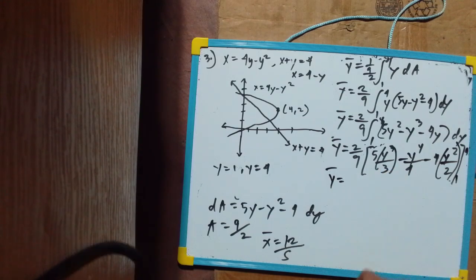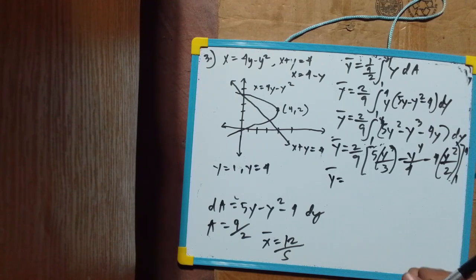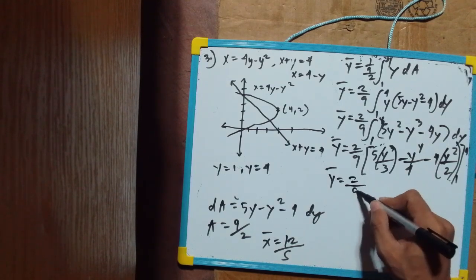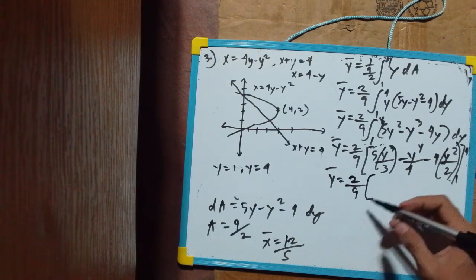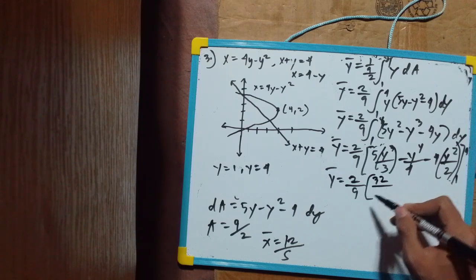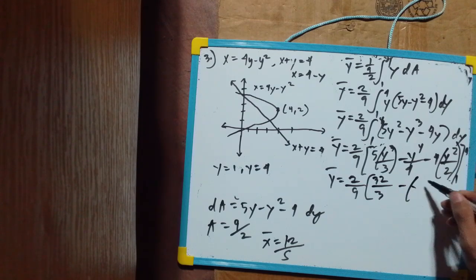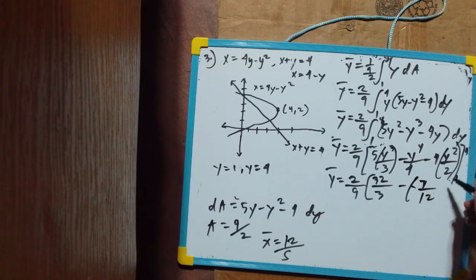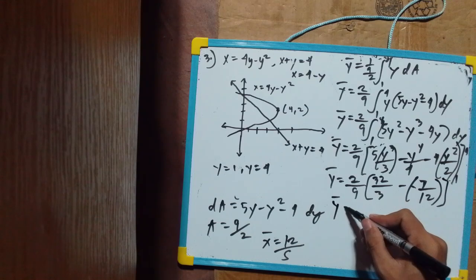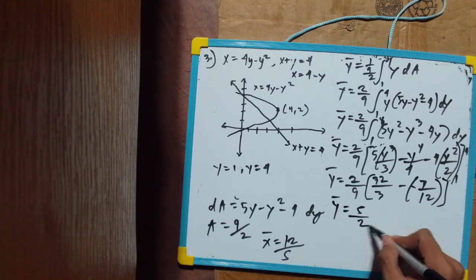So this will become 2 over 9 times 32 over 3 minus 7 over 12. So y mean is equal to 5 over 2.